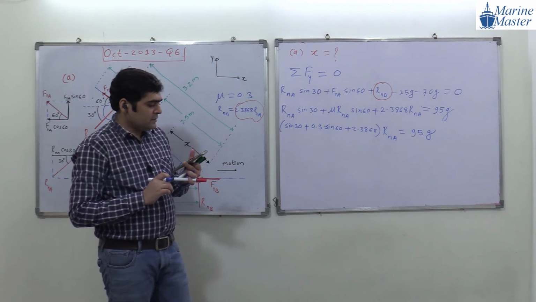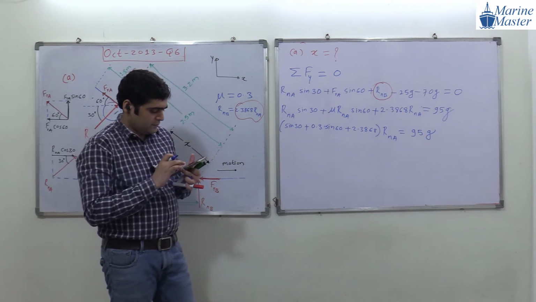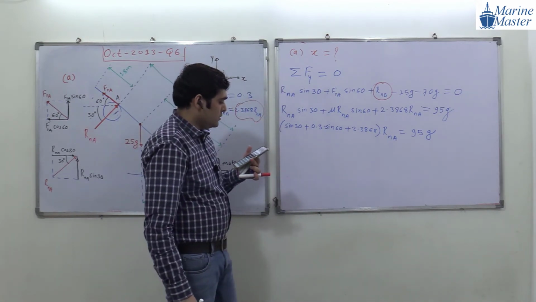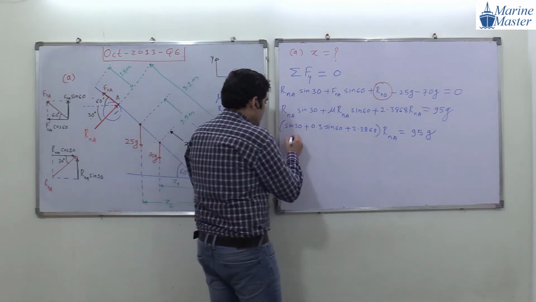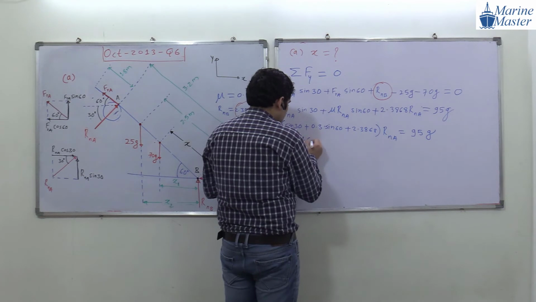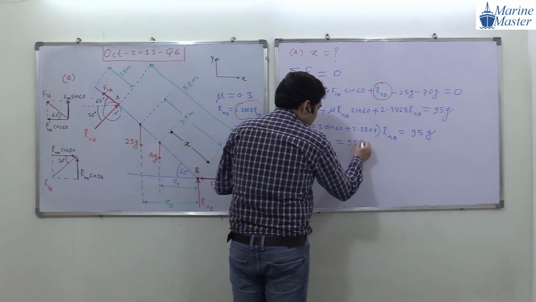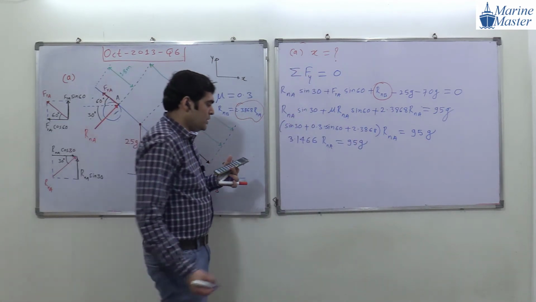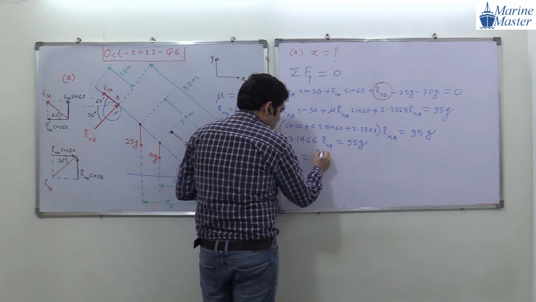Check it once again. 3.1466, okay, correct, into RNA. Everyone getting this answer? Check it, guys. Let me know, there may be a mistake from my side also.